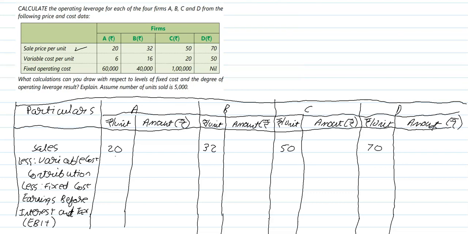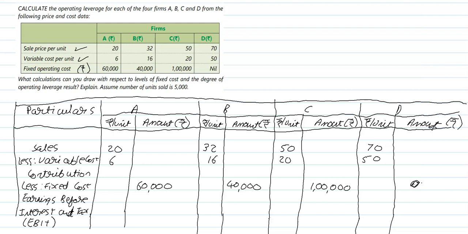Variable cost per unit is 6, 16, 20, 50. Fixed cost, obviously this is in terms of rupees, not per unit. So under the rupee column, amount column, 60,000, 40,000, 1 lakh, and nil. Oh, I guess 0 would work for us.